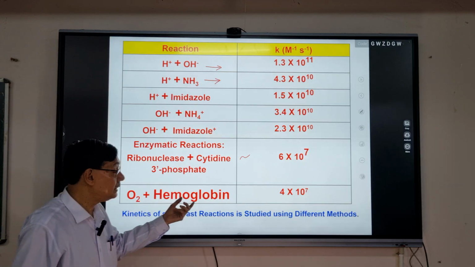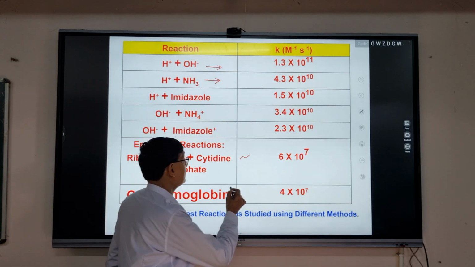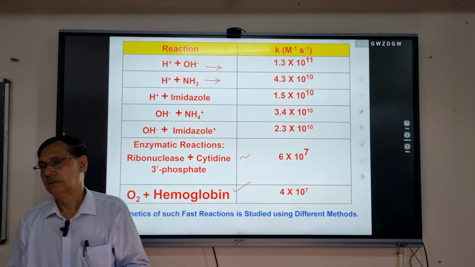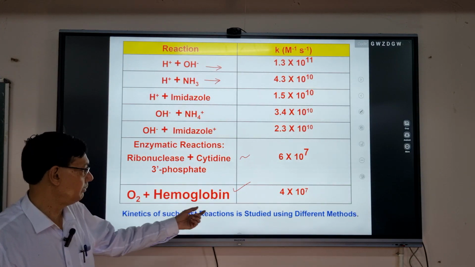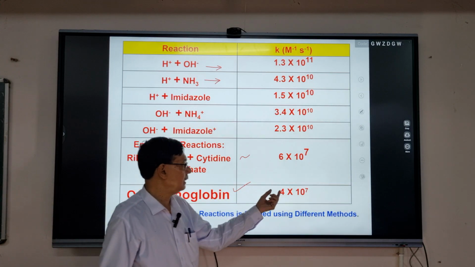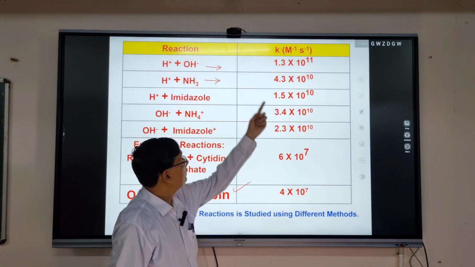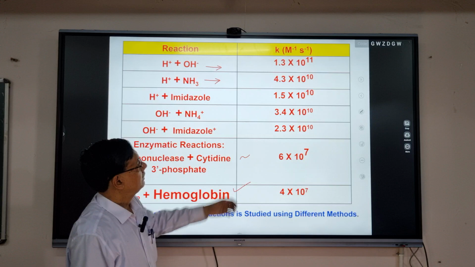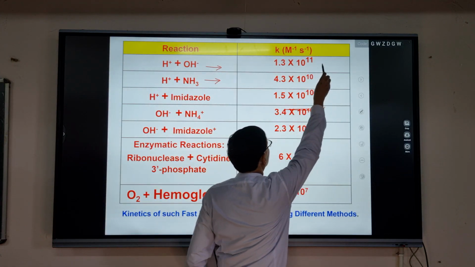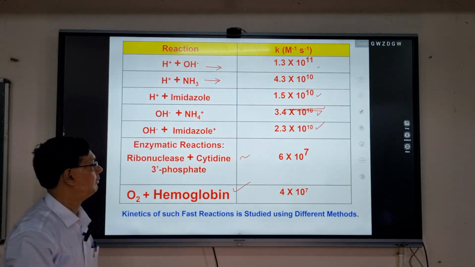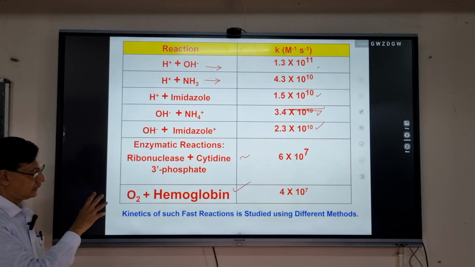Simply, the oxygen-hemoglobin reaction, most important reaction, you know, is also an example, and they are even able to calculate the rate constant. Like that, say 10 to the power 10, 10 to the power 11. So these are some examples of fast reactions.